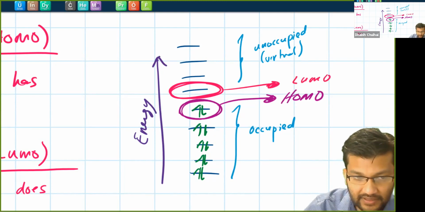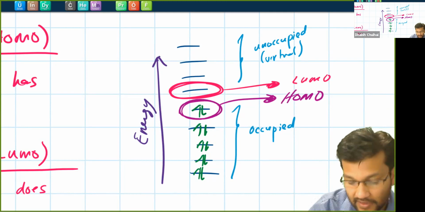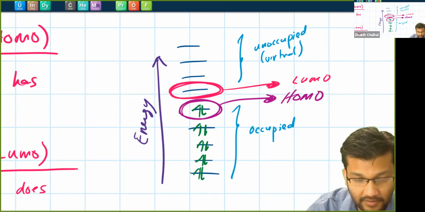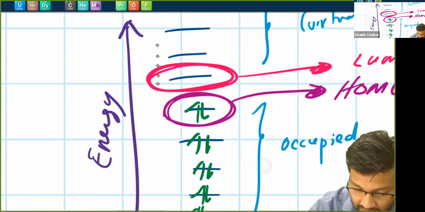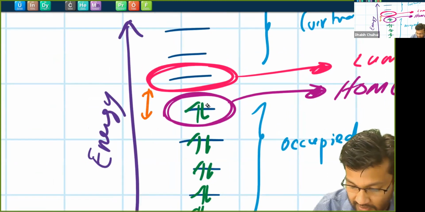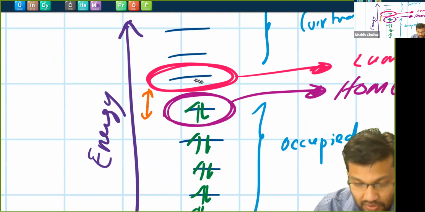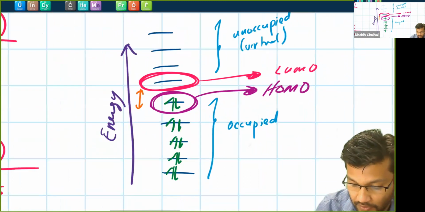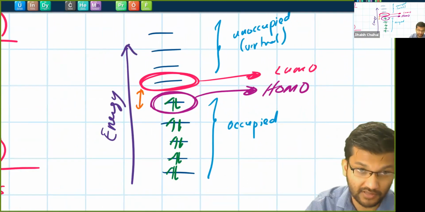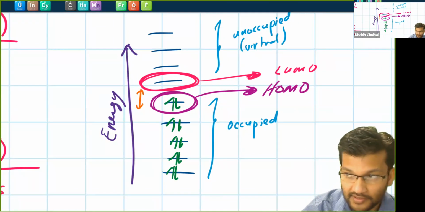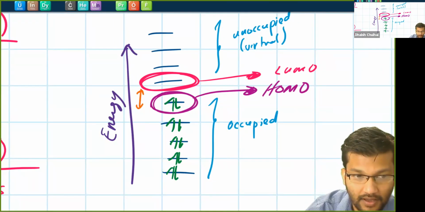And typically, it's important for us to identify what these are, because that energy difference between the HOMO and the LUMO can tell us that if we were to add energy to this electron, that's probably the most likely place it's going to go. So understanding HOMO, LUMO orbitals and their energy differences can be important for spectroscopy. Sounds good? All right.